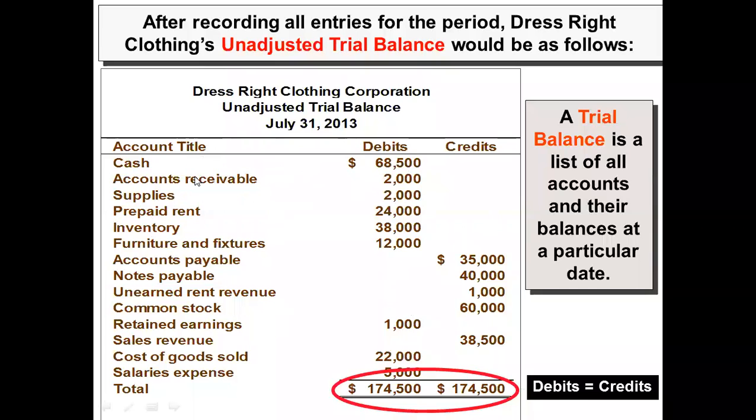So we do that for every account. We find the ending balance and put it on the unadjusted trial balance. And it proves that debits equal credits. Okay, and that's the whole purpose of a trial balance, to show that debits equal credits. If the debits did not equal the credits, then we know we made a mistake someplace and we better go back and find it.